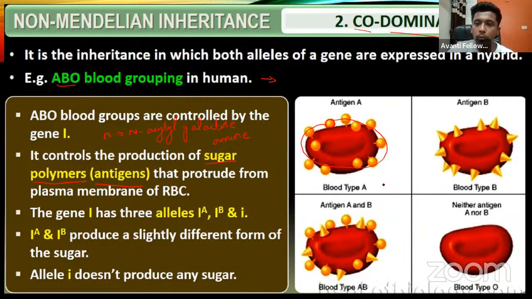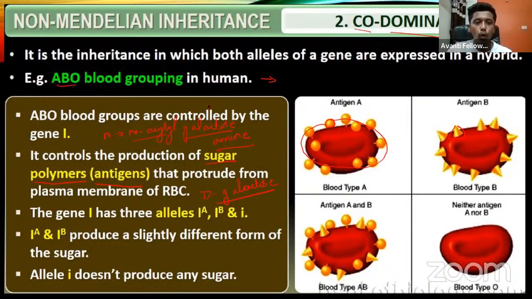Now, if I talk about the B antigen, in the B antigen I have another type of sugar that is called D-galactose. You can understand by the chemical names themselves, one is N-acetyl galactosamine, the other is D-galactose.